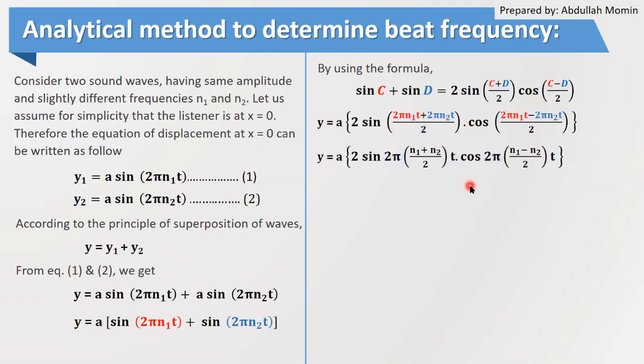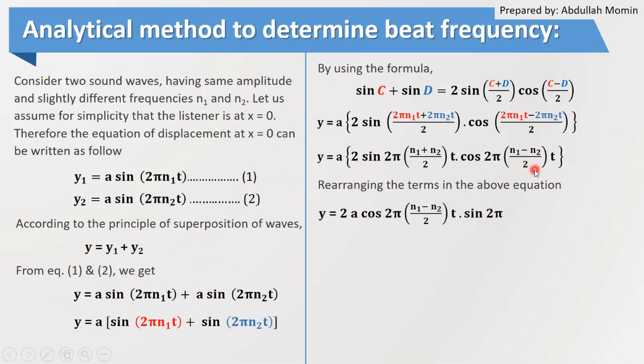Now we are going to rearrange the terms in the above equation. We are going to change the places of certain terms for simplification. First we will write cos 2 pi, and this 2 and this a will get multiplied. So 2a into cos 2 pi (n1 minus n2) divided by 2 into t.